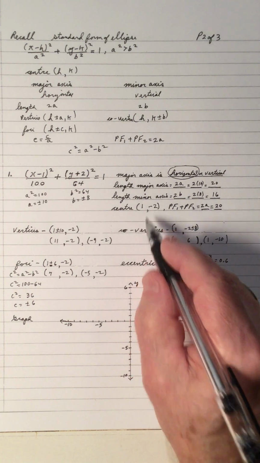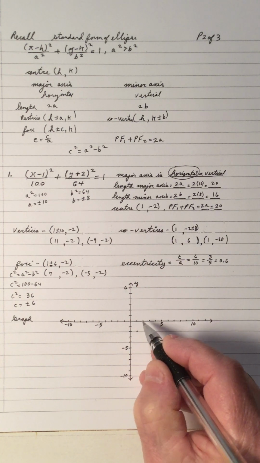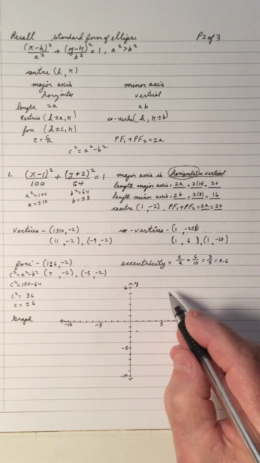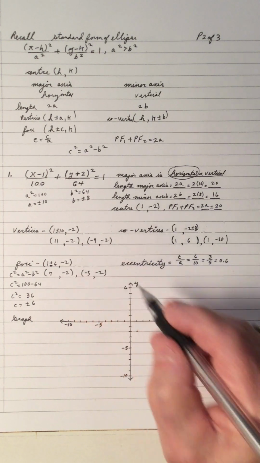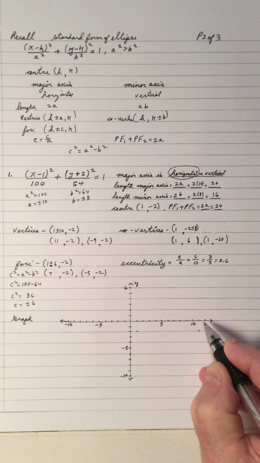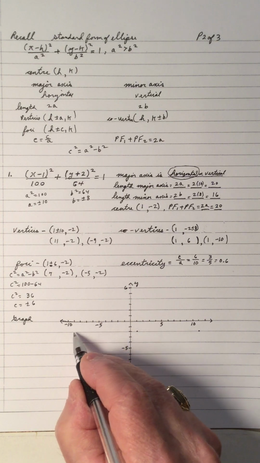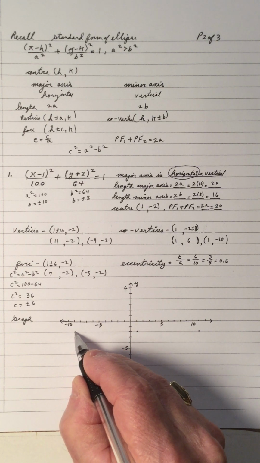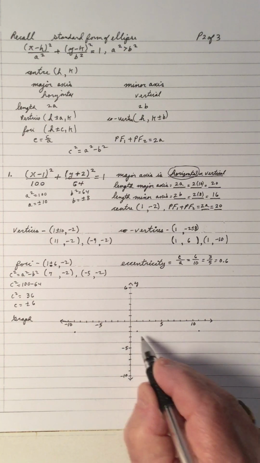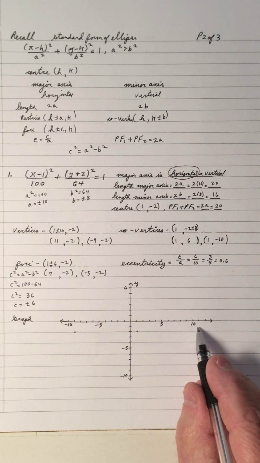So we have a center of 1, -2, which is here. The vertices lie on the major, so we have 11, negative 2, right here. Negative 9, negative 2 right here. And you can see the center is the midpoint of these two.